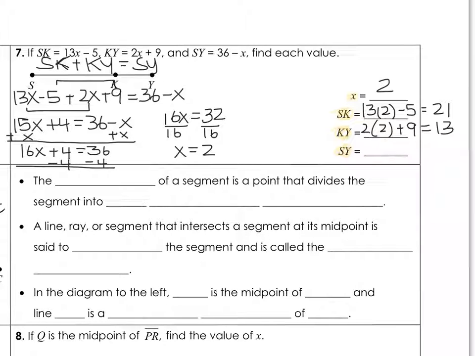And SY is 36 minus x, which is 34. And we can always check. Our postulate says SK plus KY equals SY. So does SK plus KY equal SY? And 21 plus 13 does equal 34.